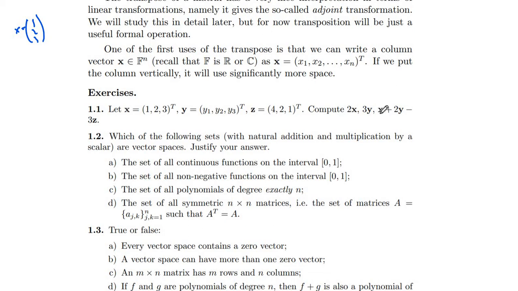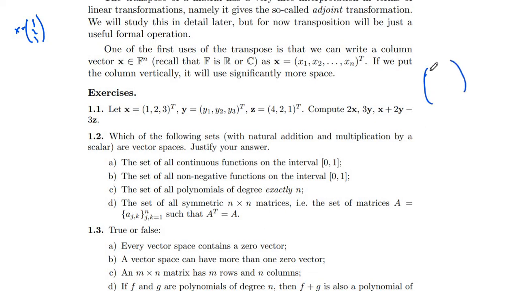And similarly, you can compute the whole expression: x is just x, 2y is just multiply y by 2, and minus 3z. 3z is just 3 times this, 12 and 6 and 3. So if you add them component wise, then the first entry I am doing, the rest I expect you to do.